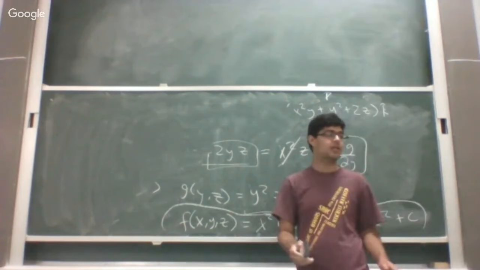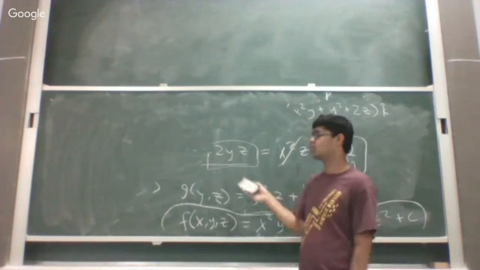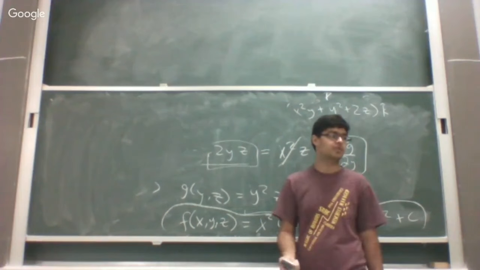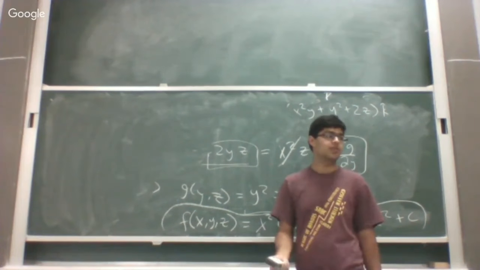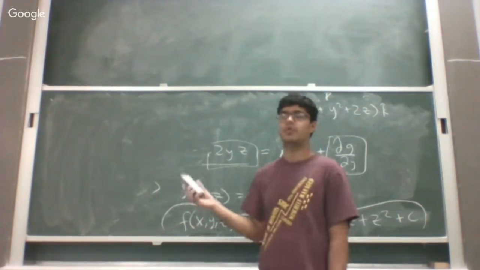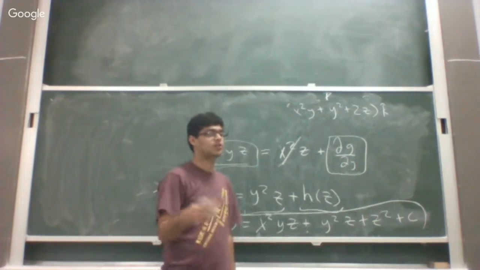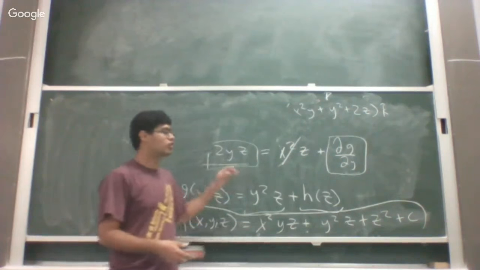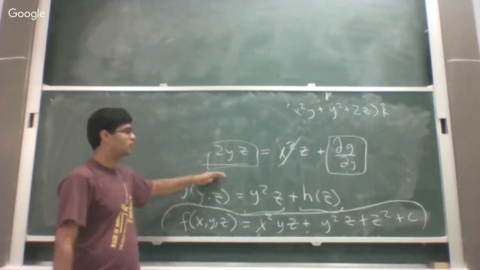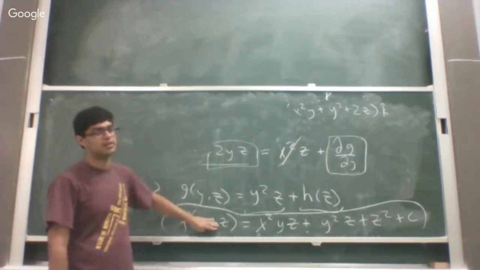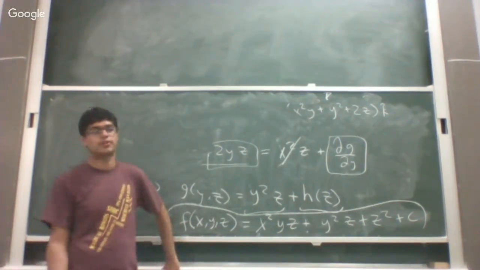We use that formula, and that formula is valid after we show that it's conservative. Like conservative was when we did partial of M over y equal to partial of N over x, right? So those 3 equations, if we show they're conservative, then that equation is valid. So then the vector is equal to the gradient of f.